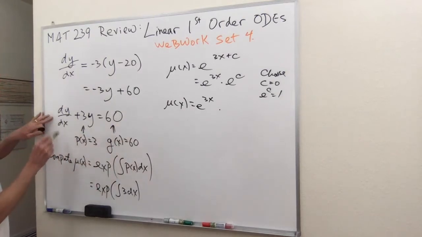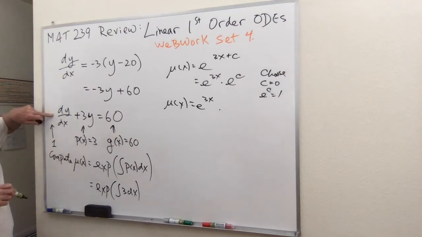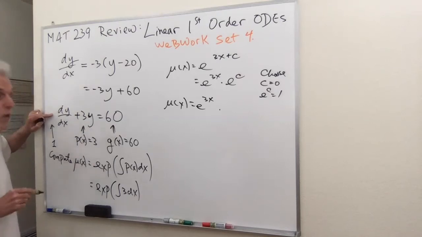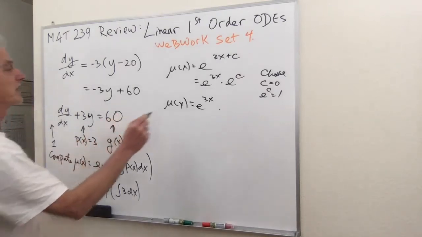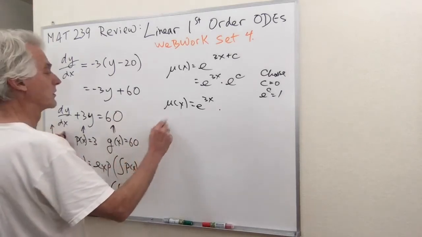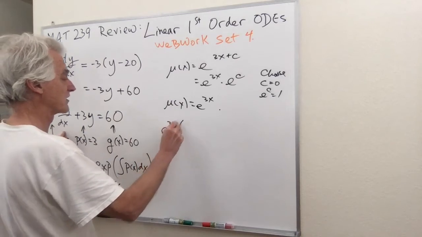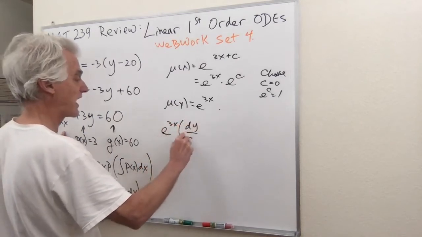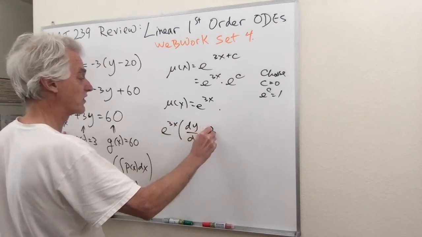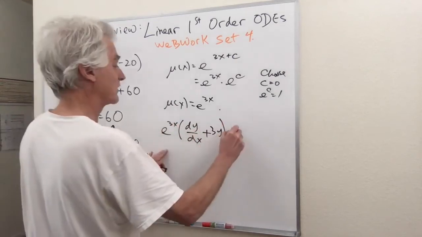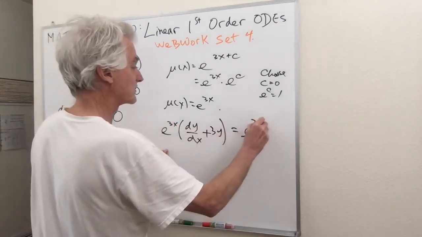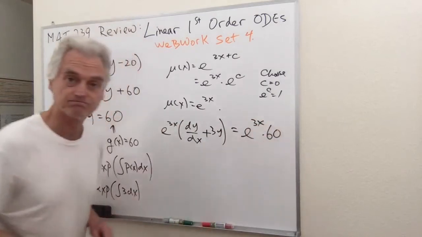In standard form, there's a 1 in front of dy/dx, so I multiply through by e to the 3x. So I get e to the 3x times dy/dx plus 3y is equal to e to the 3x times 60.